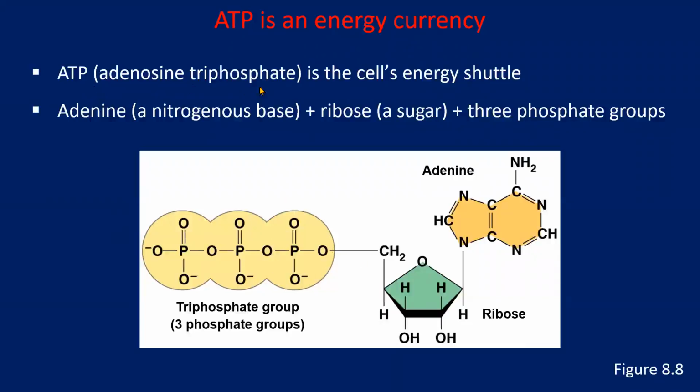In adenosine triphosphate, what is that? You have the adenine molecule, which is attached to this ribose sugar, and then along with that you can see there are 3 phosphate groups over here, and that is how ATP, or adenosine triphosphate, looks.